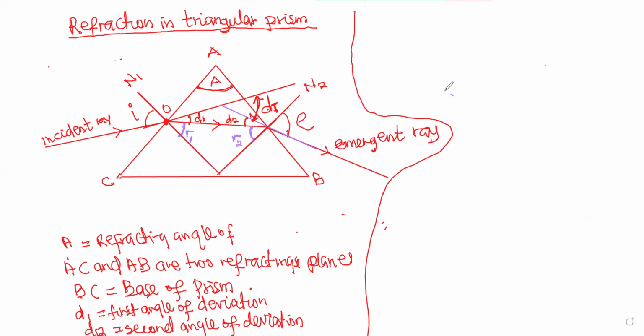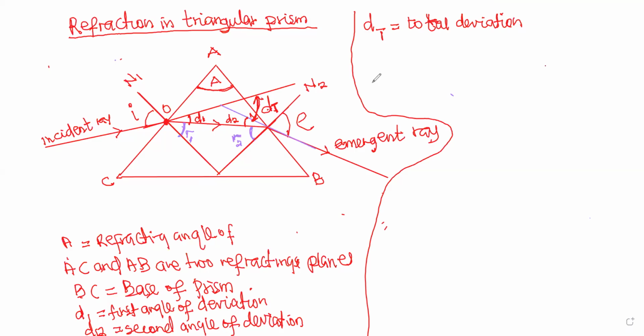And finally, D total, or D subscript T, is equal to the total deviation within the prism.